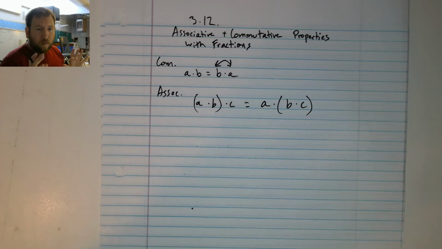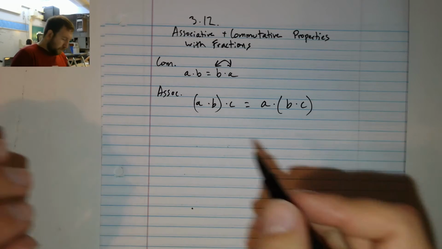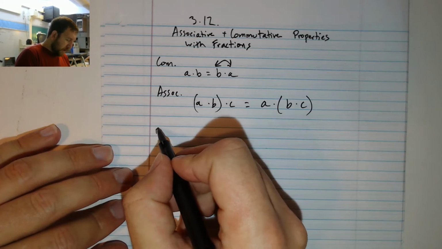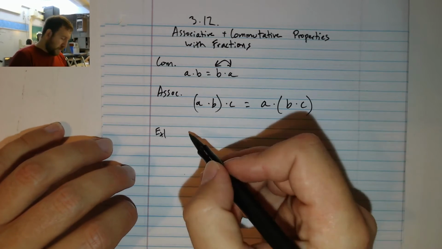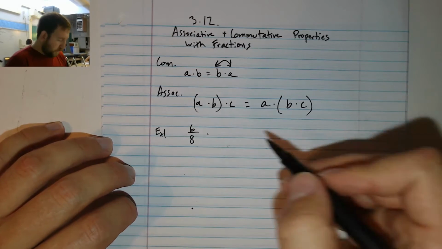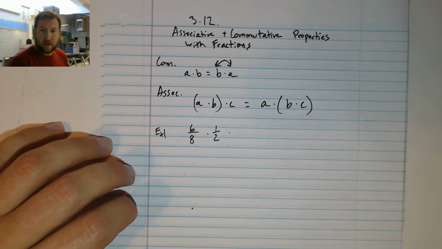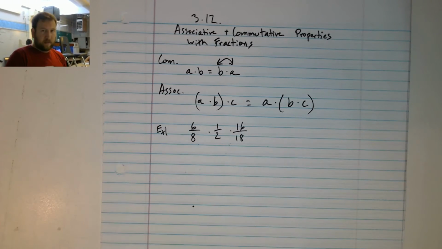So what we're going to do is take a look at some ways that we can do some larger fraction multiplications, but use associative and commutative properties to help us out and make it easier. For example, let's look at example number 1. We're going to find the product of 6/8 times 1/2 times 16/18.